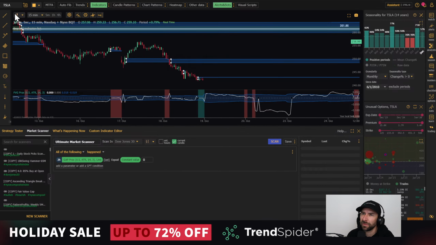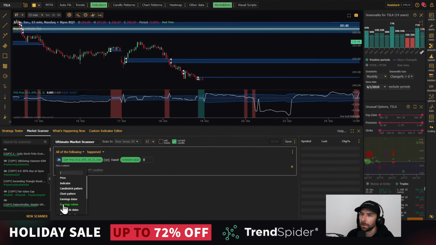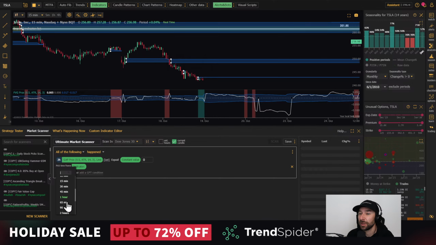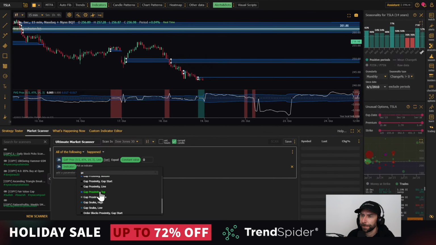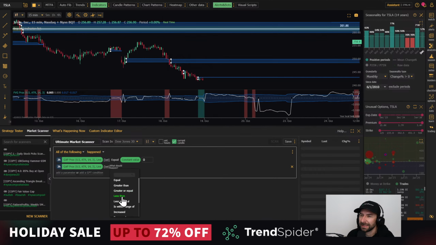If you're the type of trader that likes to trade gap fills, this would be the way to do it, or the way to hunt for them. So we'll say gap proximity line, maybe less than a constant value of 0.